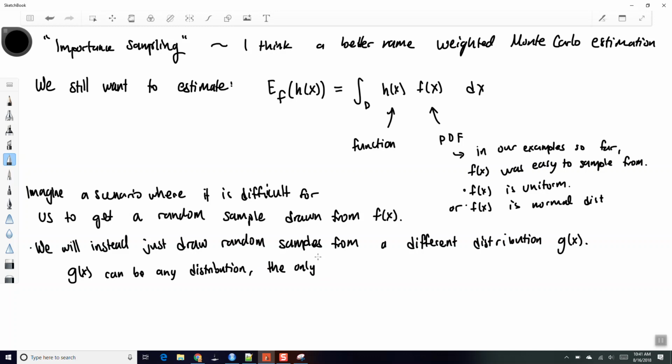Or if g of x goes from negative infinity to infinity, that's fine. Whatever it is, g of x can be any distribution. The only requirement is that its support is a superset of the support of f of x.